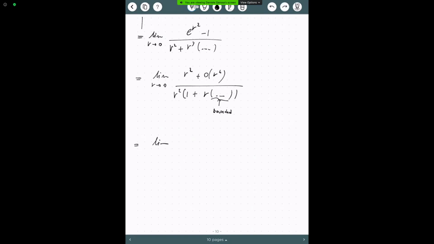So this is the limit for r that goes to 0 of r squared times 1 plus big O of r squared, divided by r squared times 1 plus r times something which is bounded. Now I can simplify, and what I get is 1, right? Because this thing in red goes to 0, and also this goes to 0. So we get that the limit is equal to 1.